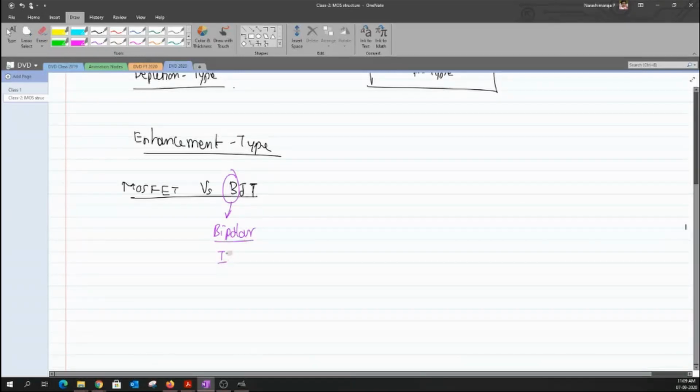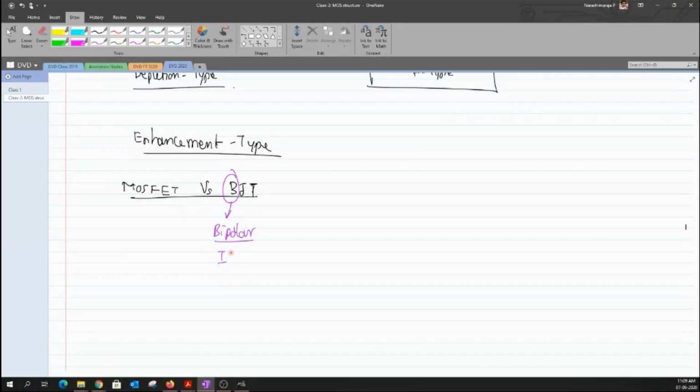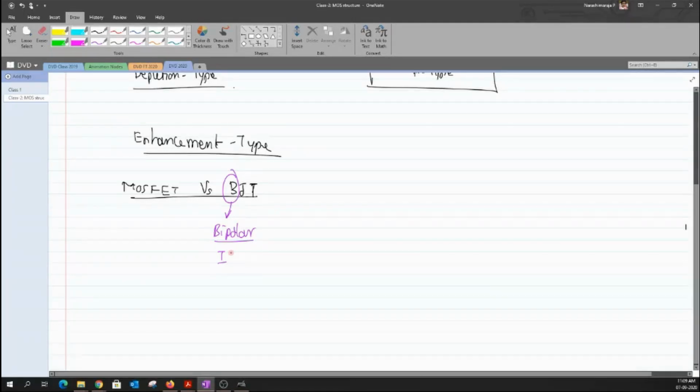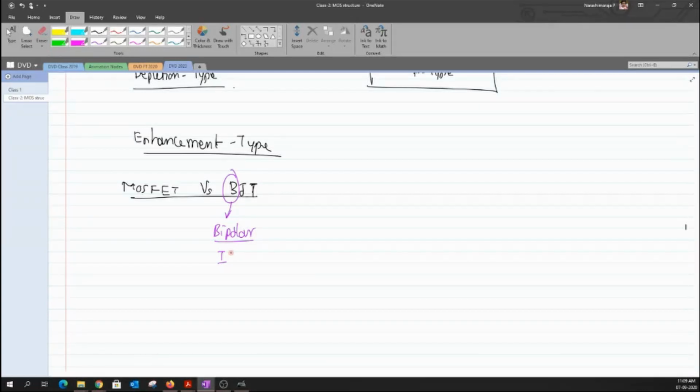The current through this BJT is due to both majority as well as minority carriers through the device, right? Because I guess you might be familiar with the active region where the emitter-base junction is forward biased and the collector-base junction is reverse biased. So you would have both types of carriers moving around in order to have the conduction. Whereas in the case of a MOSFET, the story is different.